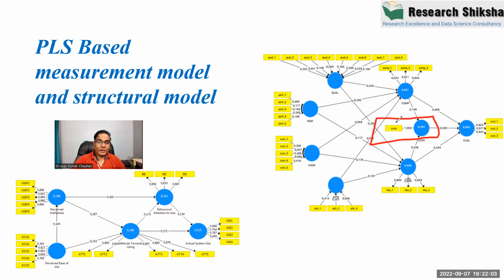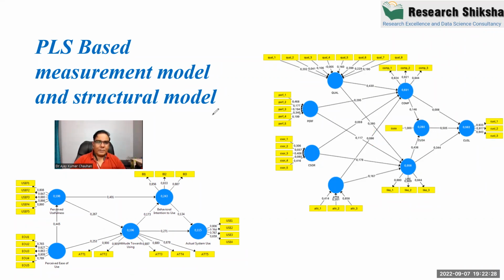The minimum number of items in MOS is 3. If you have fewer than 3 items in a construct, MOS will give you a problem called the identification problem. But in SmartPLS, we don't have an identification problem. So even if you have a single item, you can use SmartPLS. SmartPLS is very effective in that also.